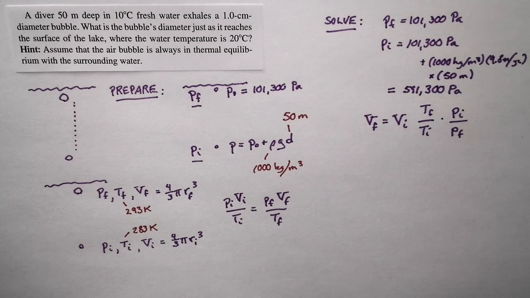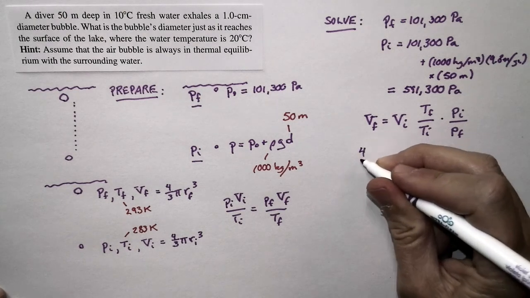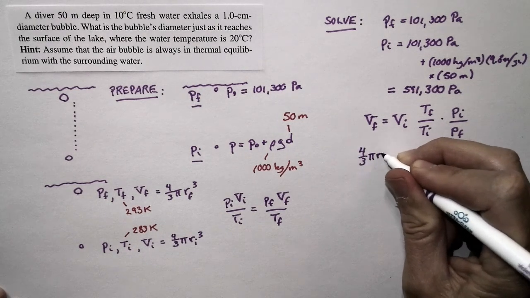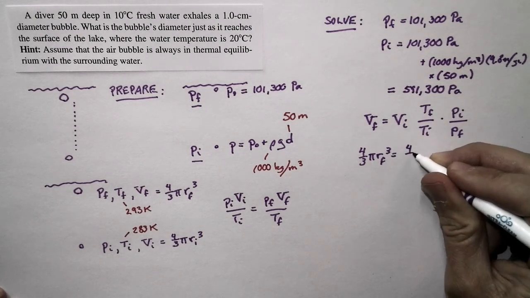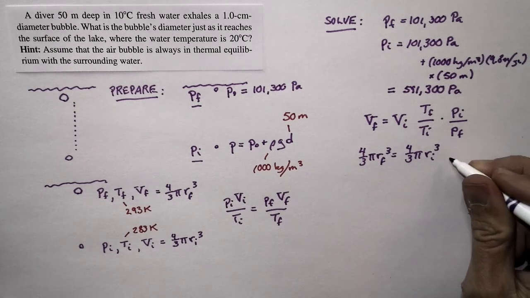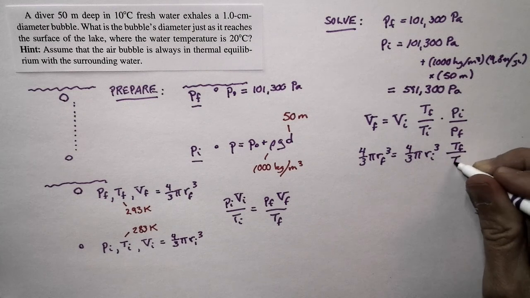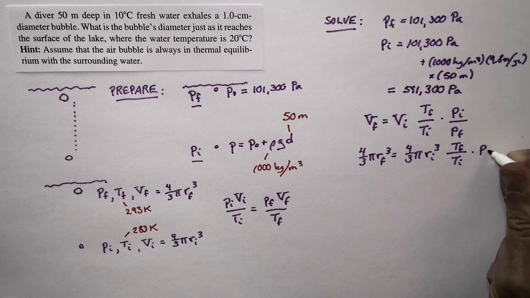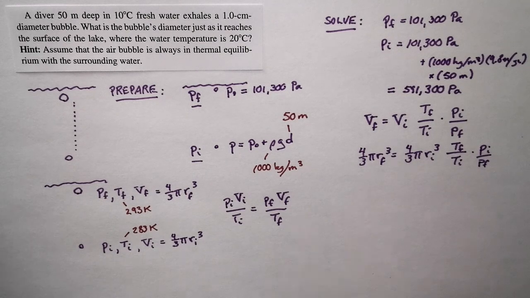That's my basic relationship. Now, I'm going to go ahead and rewrite Vf as 4/3 pi times Rf cubed. I'm going to write Vi as 4/3 pi Ri cubed. And I'm going to note, we know what these numbers are. We know Tf, we know Ti, we know Pi, we know Pf.